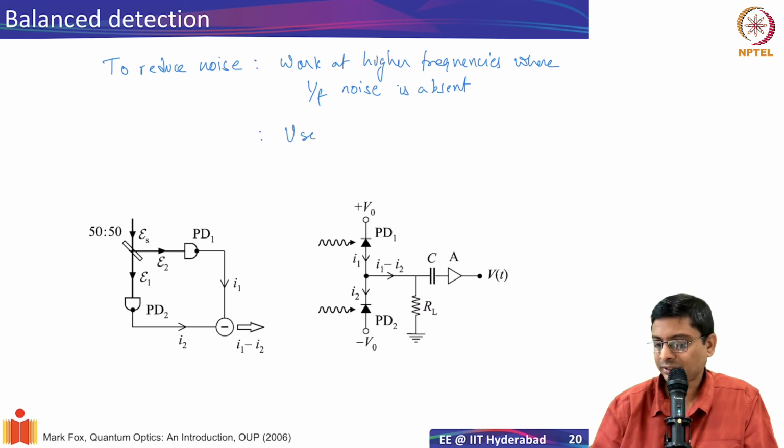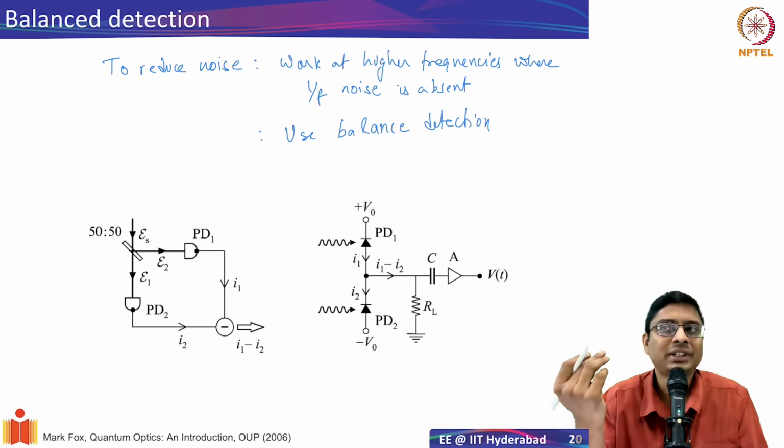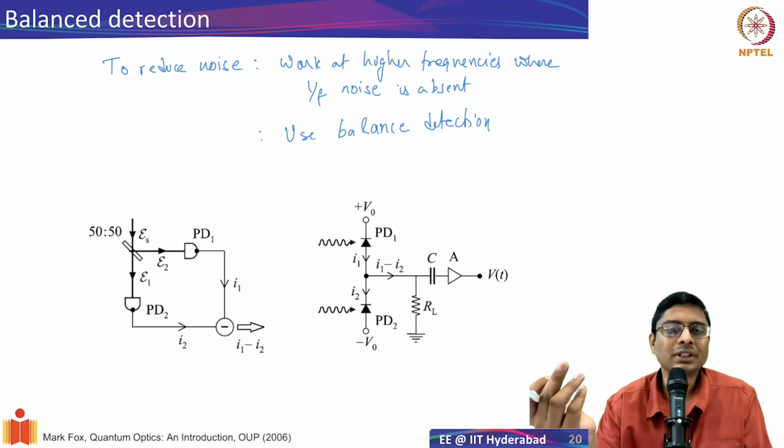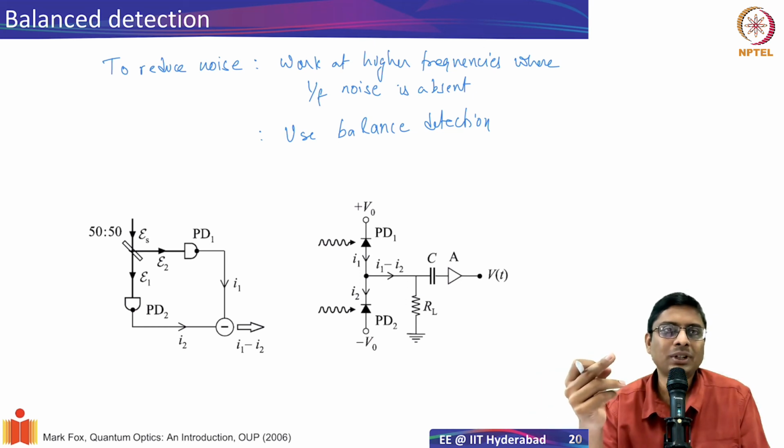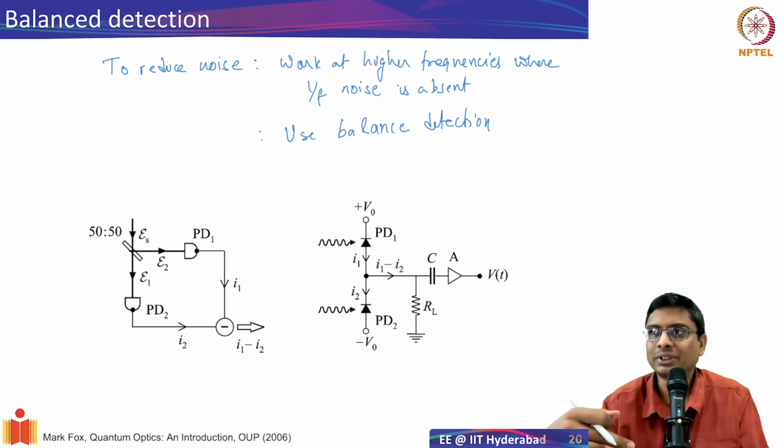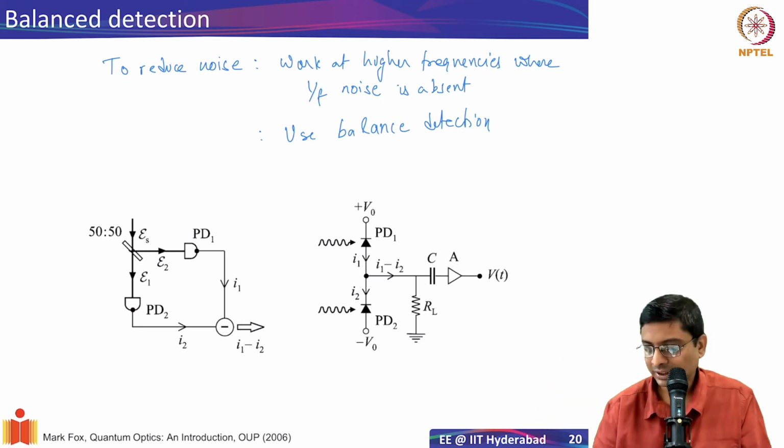balanced detection. What do I mean by that? Instead of using one detector to detect a photon stream, use two detectors that are as identical as possible. Have an incident beam and use a beam splitter to split it into a transmitted and a reflected beam. These fall on PD1 and PD2, which are identical photodetectors.